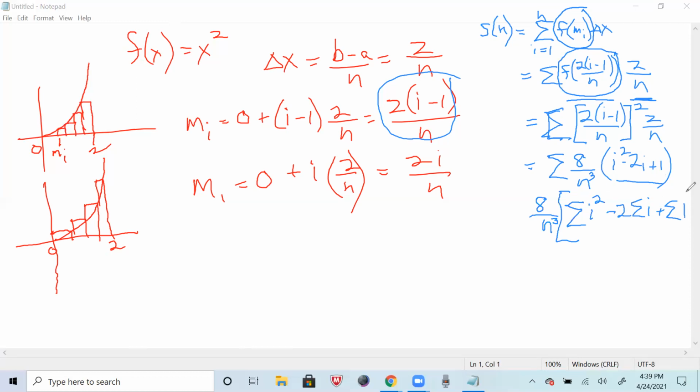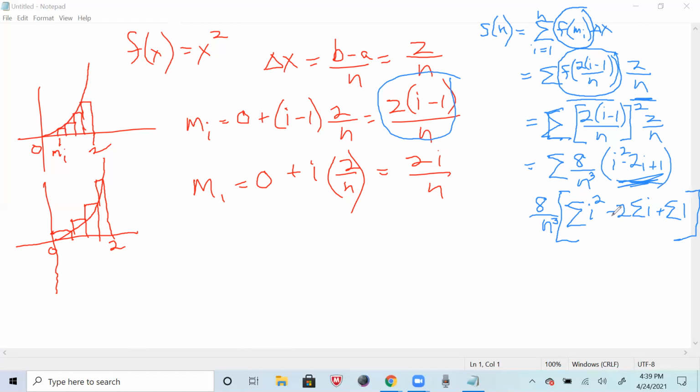The sigma of a sum is the same as the sum of the sigmas of each term. All I've done is separate it into 3 sigmas. The 8 over n cubed is still outside, and I took the 2 outside because it's a constant. You can always take constants out.